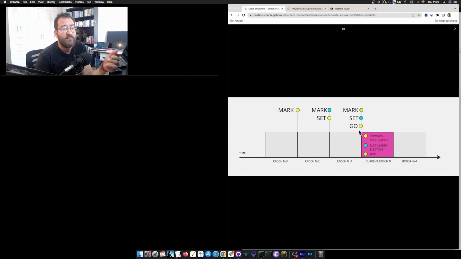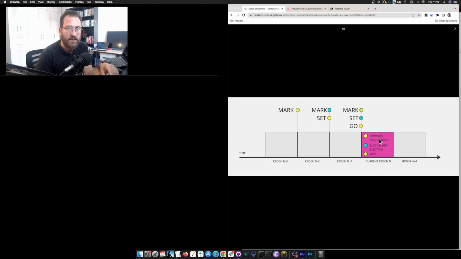So if you query this stake distribution snapshot using the CLI, you will have a response that gives you mark, set, and go. And this is how these 3 snapshots are used during the current epoch.